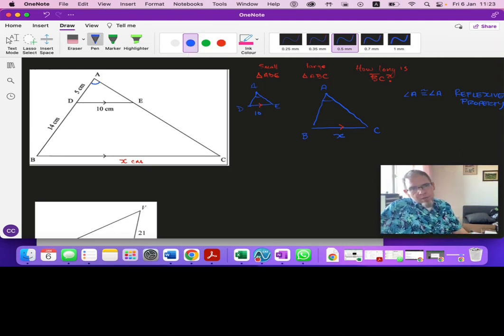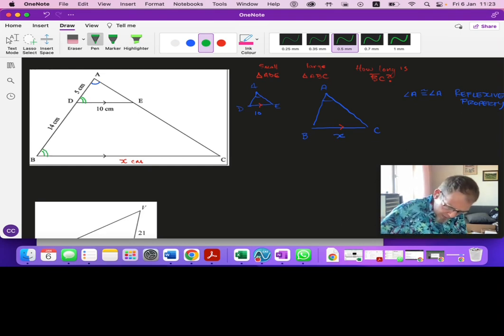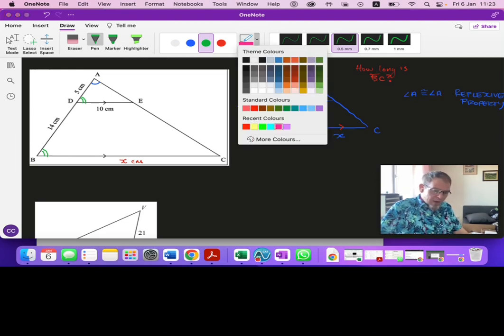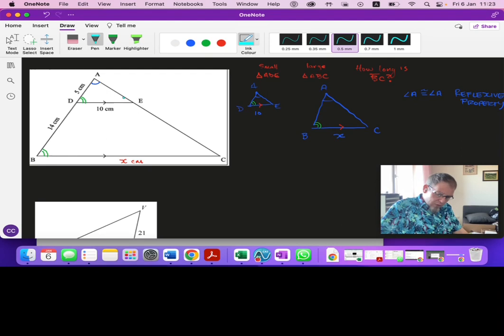Because they are parallel, we've got this idea of a transversal. When that transversal cuts across parallel lines, these two angles have to be the same. That's from our transversal rule. Similarly, it would happen the same on the other side. We probably wouldn't use the transversal in this case, we'd just use the third angle theorem, but we can say that we have those.